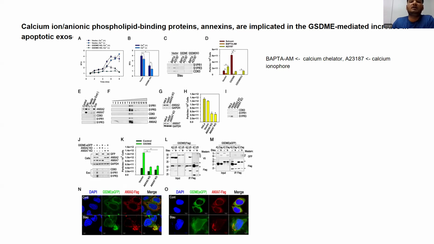The chelator and the ionophore effects on exosome release were also confirmed in the nanoparticle tracking analysis.